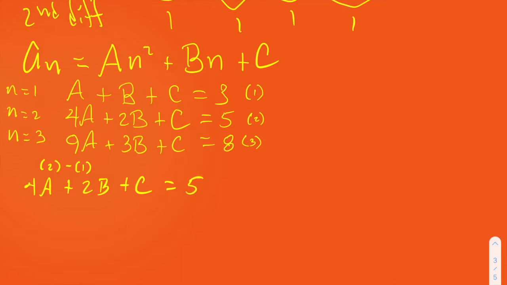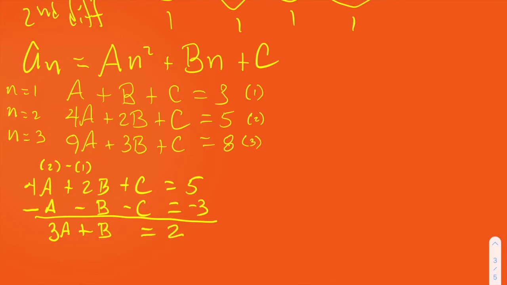There's equation 2. And I'm going to subtract equation 1. So I'm just going to do it term by term. So that's minus A minus B minus C is equal to negative 3. So if I just add straight up and down, I get 3A plus B. C's go away, and 5 minus 3 is 2. And I'm going to name this one equation 4.